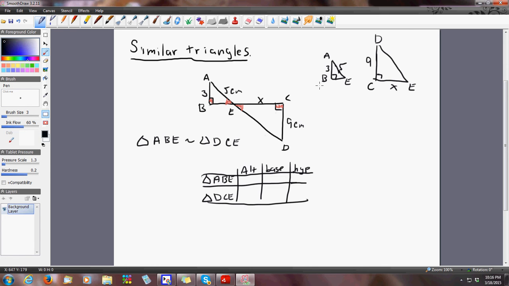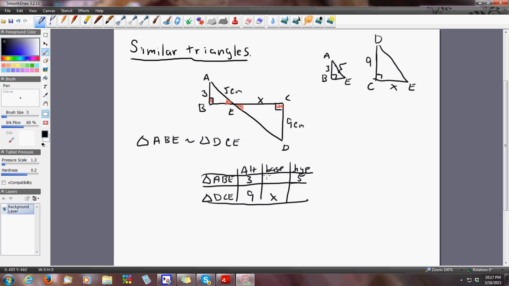So my altitude for ABE is 3, my hypotenuse for ABE is 5, my altitude is 9, and I'm looking for my base here. I don't know what my base is here, but it doesn't really matter. What I do know is I need the rate of proportion, and I can't do that because I don't have enough pieces. So what I'm going to do is this.